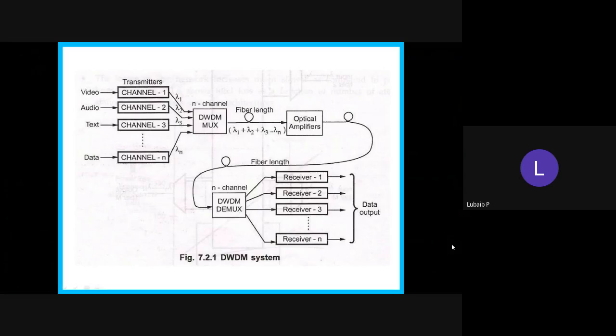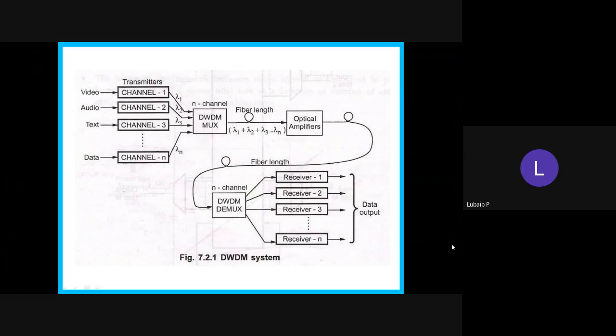The demultiplexer separates the combined signals into their corresponding wavelengths, and these are passed to the corresponding receivers, receiver 1, 2, 3, and so on, and then to the data output.